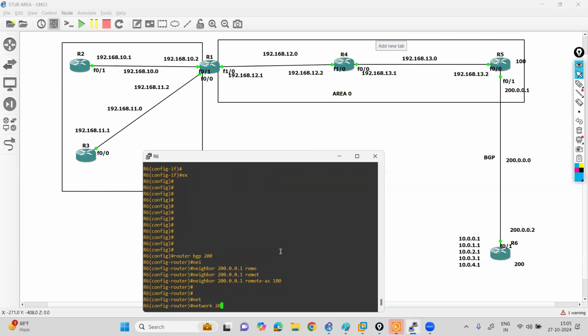Network 200.0.0.0, right? And mask will be 255.255.255.0.